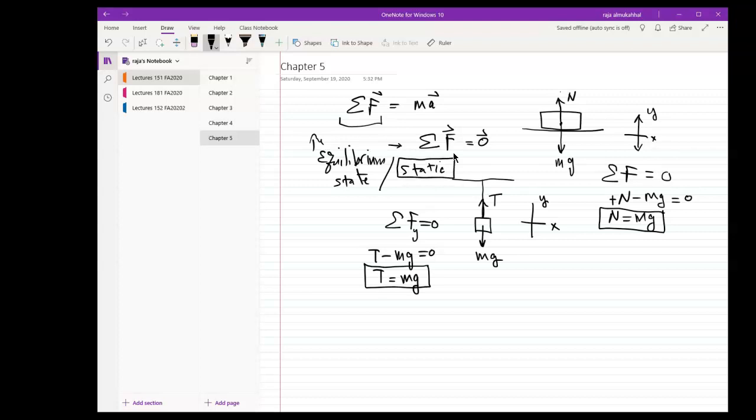Dynamic means it's in motion, an accelerated motion, for example, whereas a static situation means, I believe from the Greek or the Latin word status, not moving, constant. You see what I'm saying? So those are two words that you want to be familiar with, equilibrium and static, and they both have pretty much the same meaning, okay? All right.